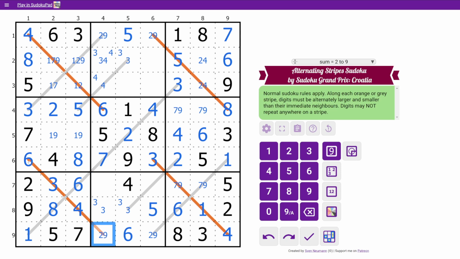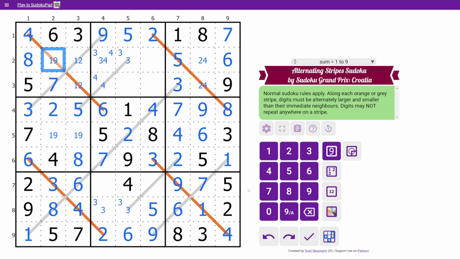So I'm gonna claim, if I'm understanding the rules correctly, it goes down, it goes up, it goes down. Alternately. Down, up, 9 can't be on it again. Goes down, up, and then down. It has to be a 7.